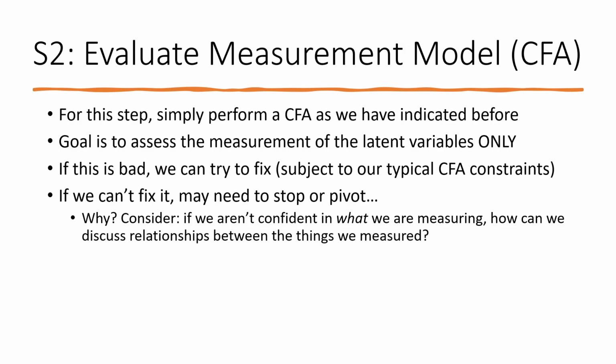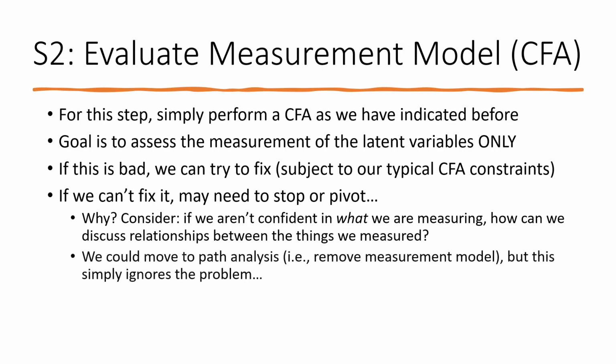So if you're not confident in what you're measuring, I'm not sure how you can discuss relationships between things that you quote unquote measured. That's the argument as to why, if you can't fix the measurement model, this is really a hard stop on the research potentially. Now I do think there are some exceptions here, but this is a hard stop.